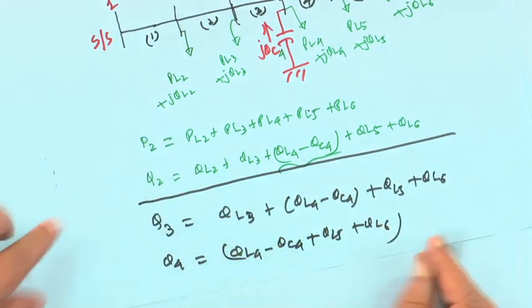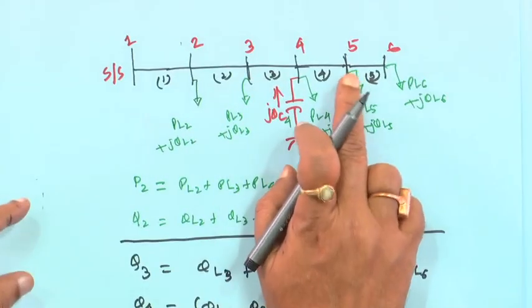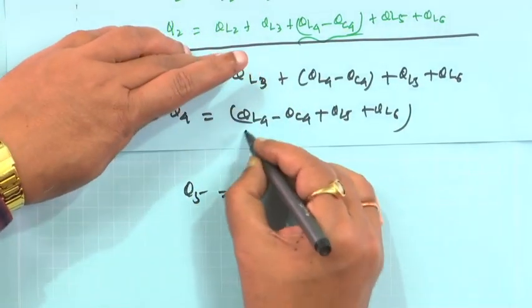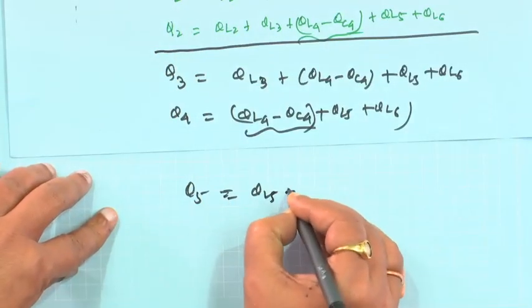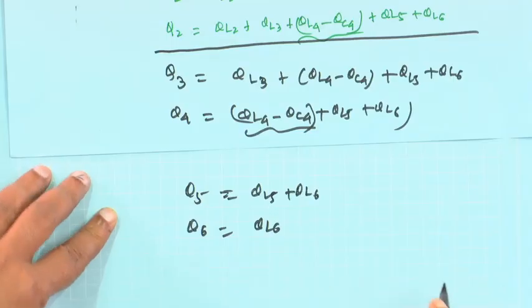Up to Q4 it is fine. Now, what is Q5? For node 5, the earlier terms are dropped, so Q5 is equal to QL5 plus QL6, and Q6 will be QL6.